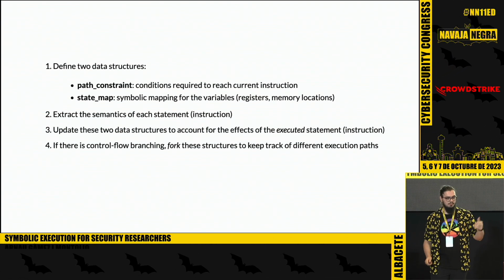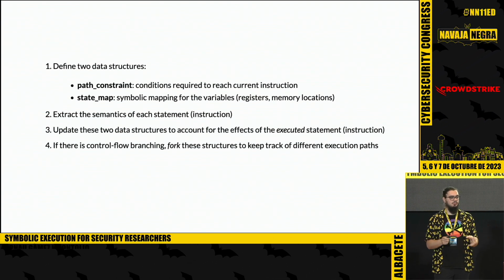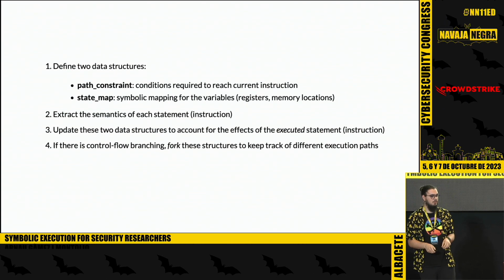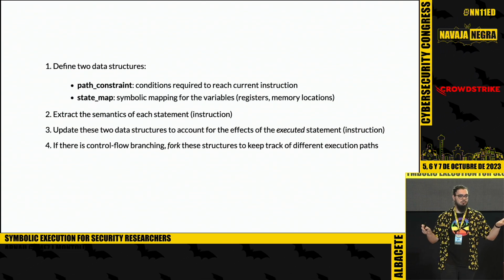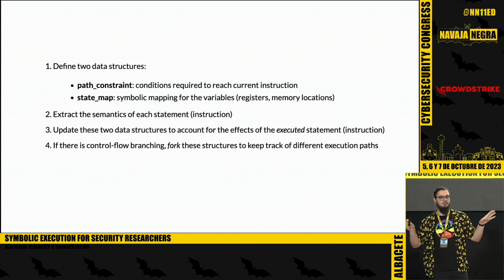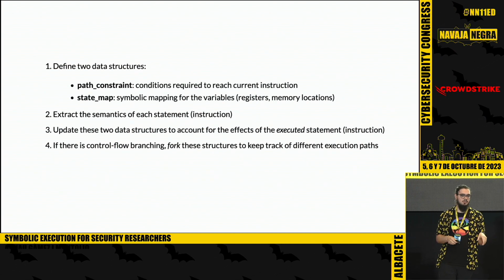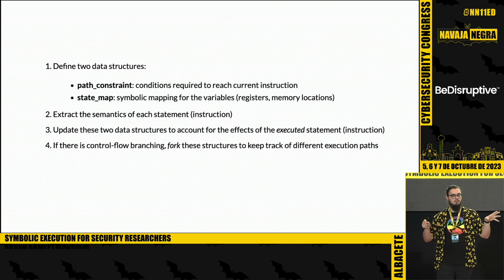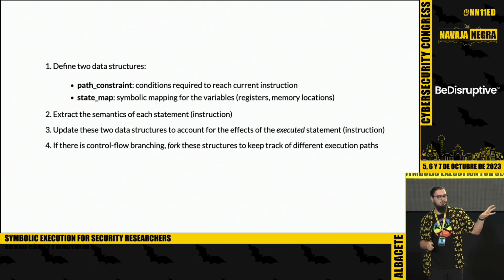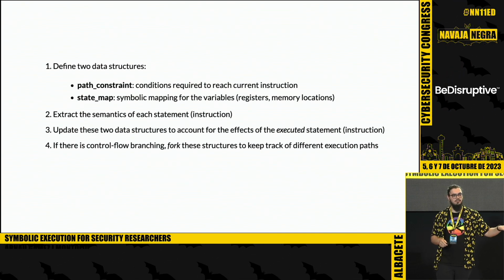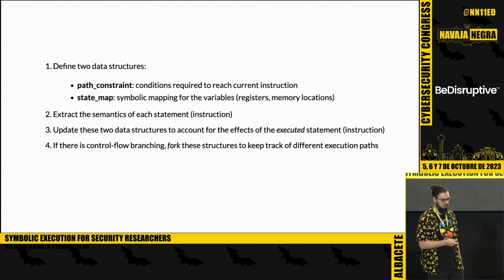And then if at some point there's branching, because there's a conditional jump or whatever, we just fork these structures. We keep track of different instances of these structures, so we can decide that if we go in that direction, what are the constraints that have to be satisfied? And if we go in the other direction, what are the constraints that have to be satisfied?